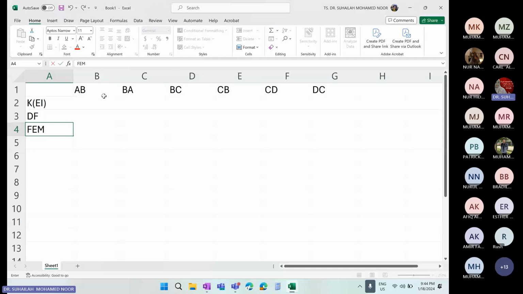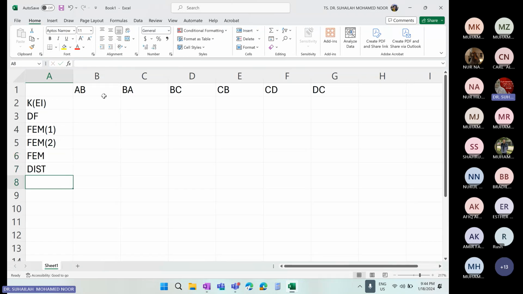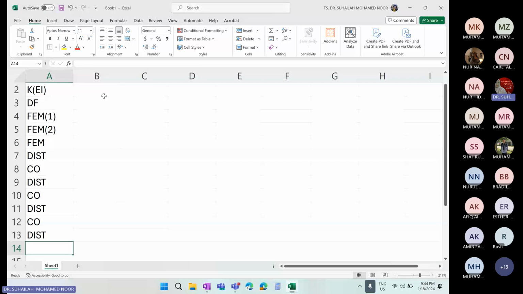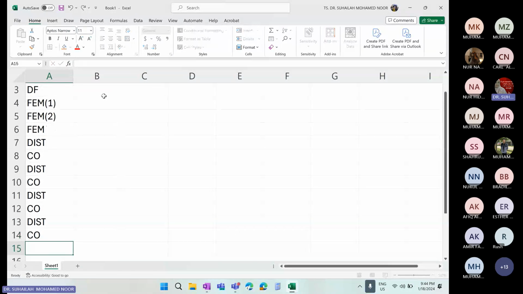There are two FEM, FEM1 due to external loading and FEM2 due to support settlement, and FEM total. Then distribution, carry over, distribution, carry over, distribution, carry over, distribution, carry over, distribution. Okay, this is end moment.